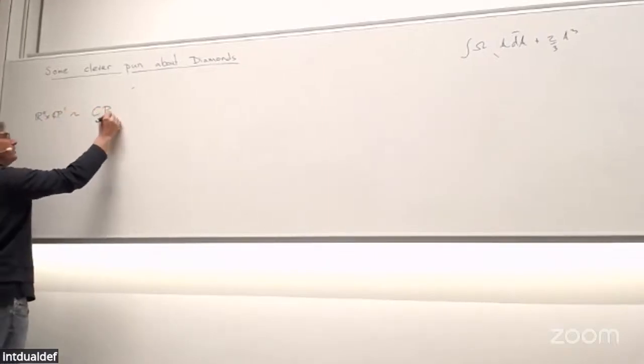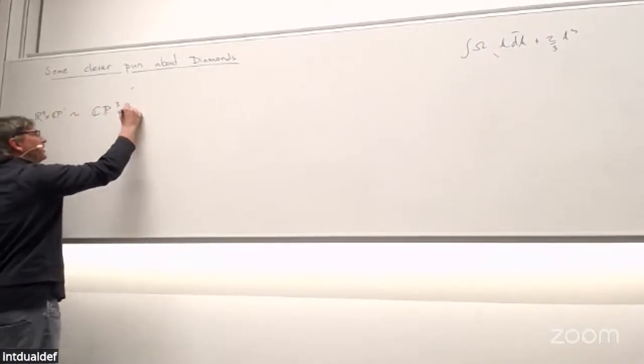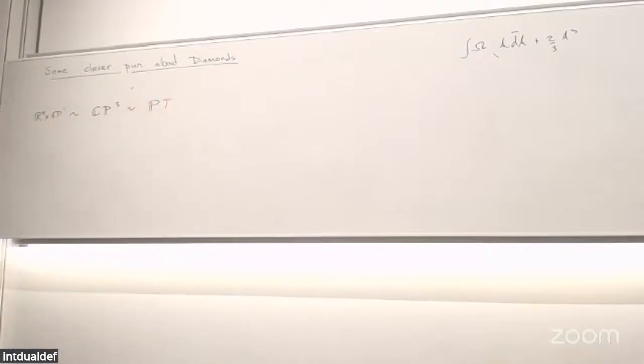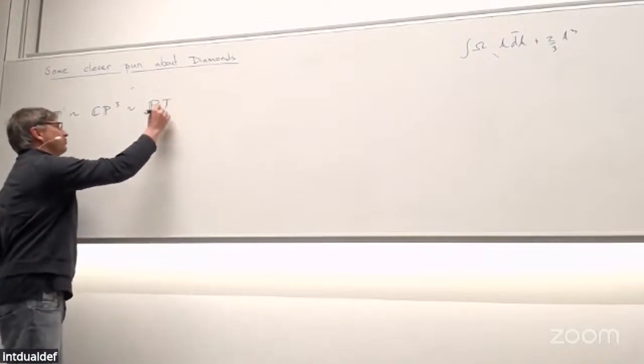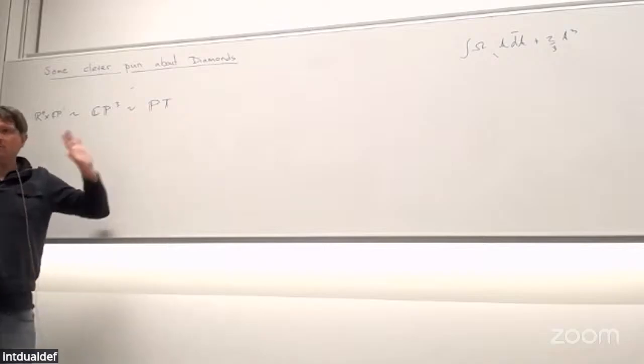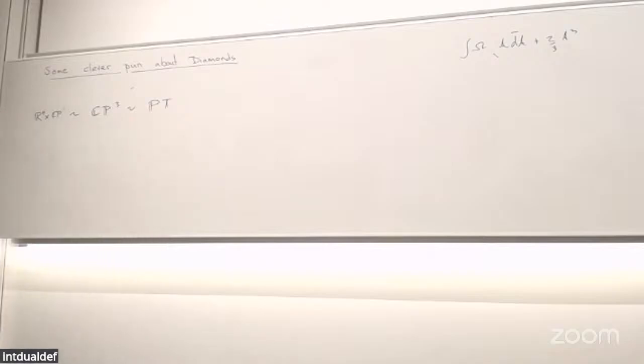I'm going to say the upstairs space is CP3, except it really isn't. There's something called projected twistor space, except it isn't quite, it's some slice of it. But if you know what any of these things are, they're all fine for you to use at the level of this talk. Okay.